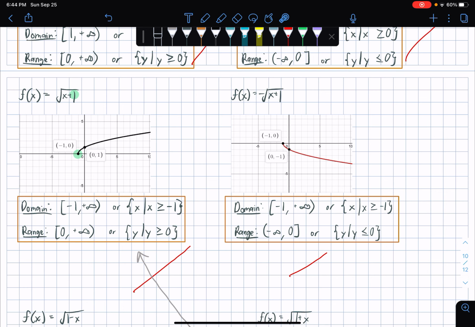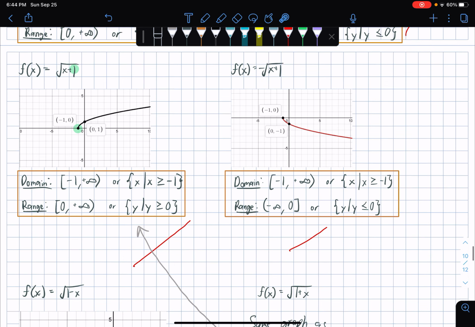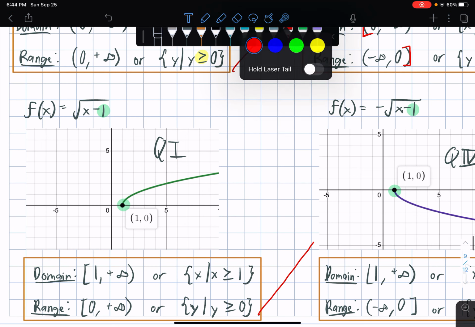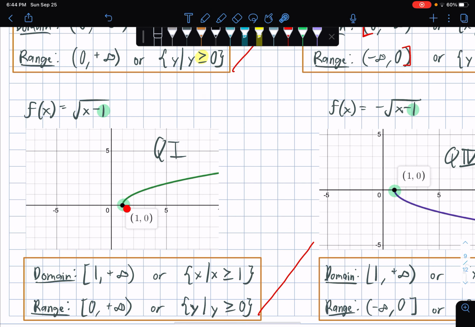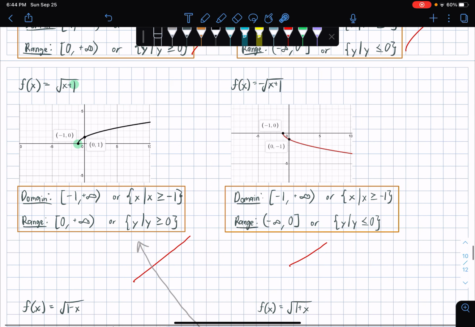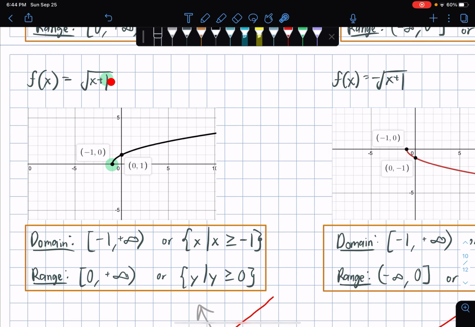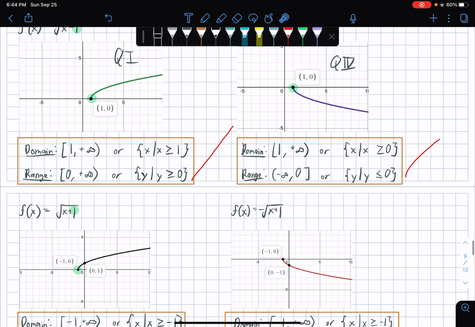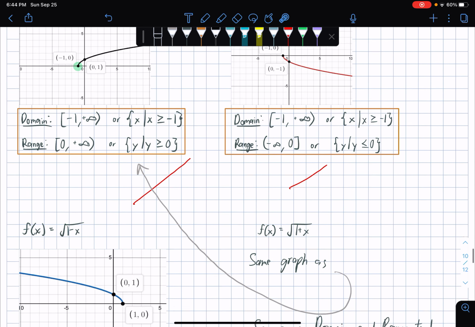So yeah. If the root function is x minus 1, then your starting point is +1. Here, if it's x plus 1, then your starting point is at -1. It's also a cute little detail that you might want to take note of.